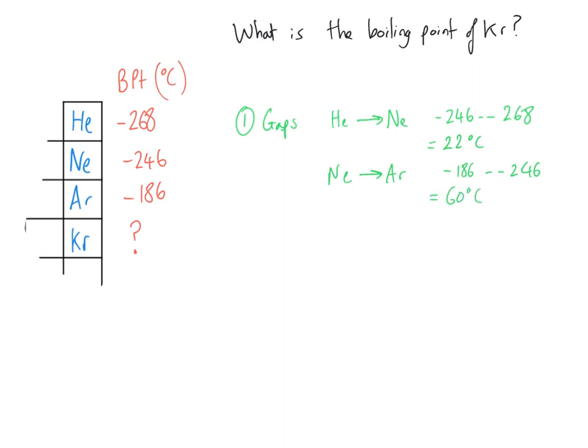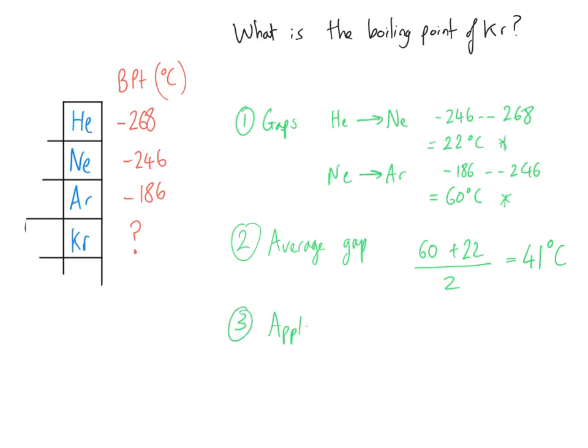And so stage 2 is to find out what the average gap size is. And that is just a simple average of 60 and 22. So to do that, we're averaging two numbers, so we just add them together and divide it by 2. And we get an average gap for those first two of 41 degrees C. And so the final stage is to apply the gap to the next part of the sequence.